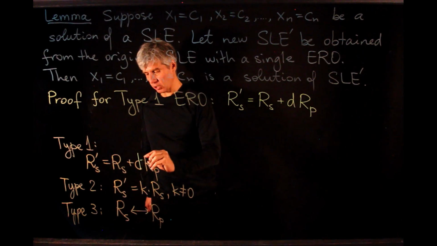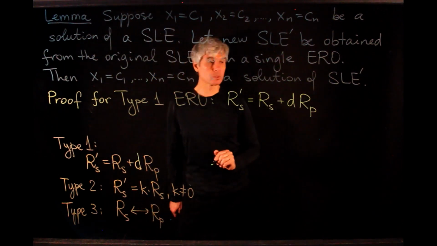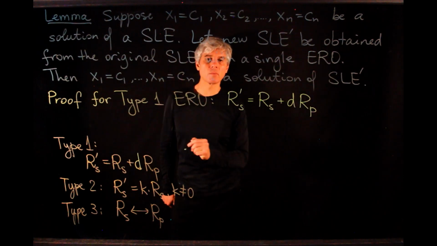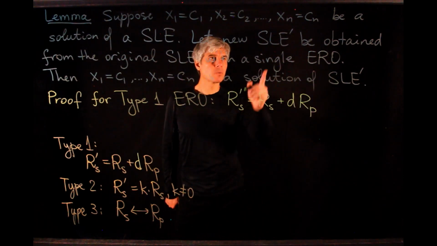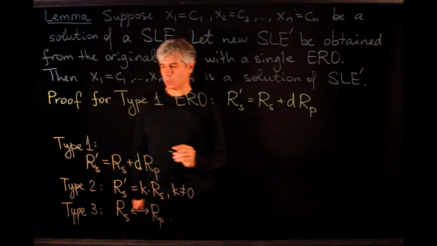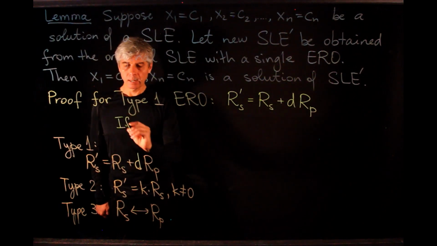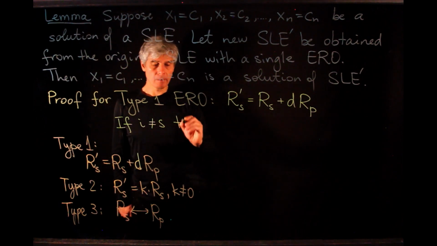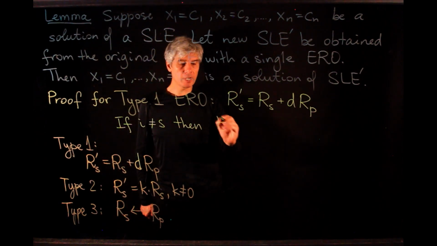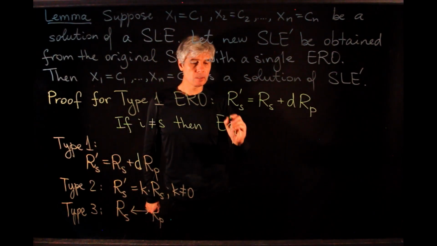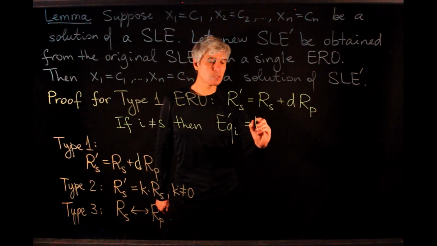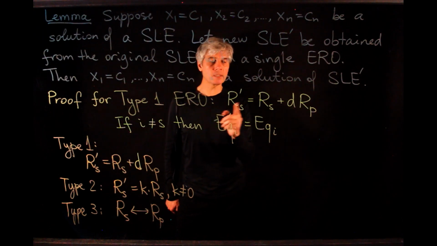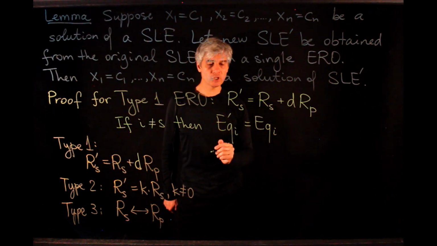Let's change this notation and call this constant a D. Let us compare equations in the original system of linear equations with the new system. If I is different from S, then equation number I in the new system is the same as equation number I in the old one. So the only difference will be in equation S.